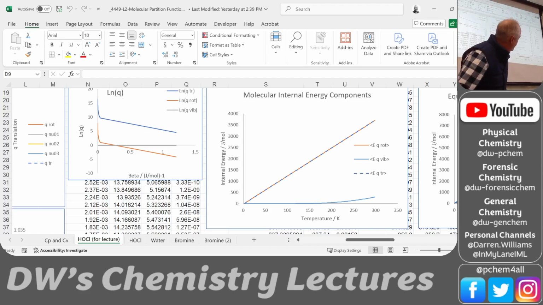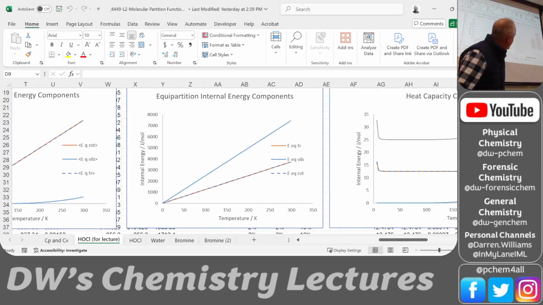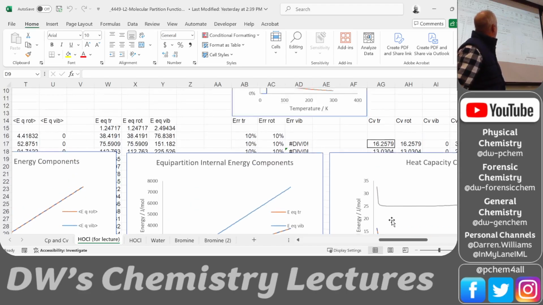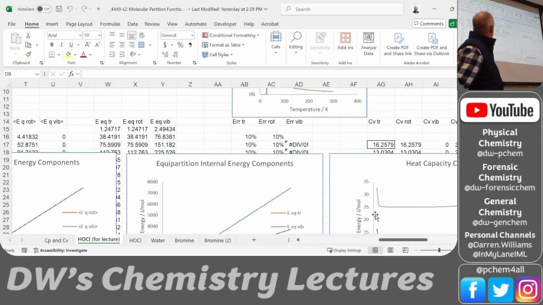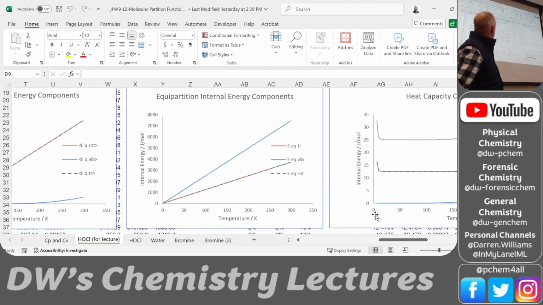And then we come over here to the heat capacity. This is just essentially showing you the same thing, the internal energy components. Yeah, here's the heat capacity over here.